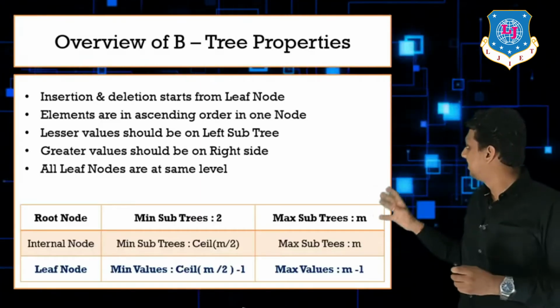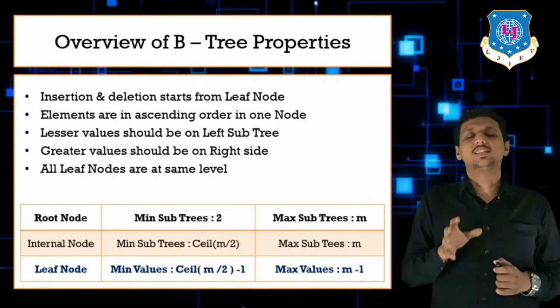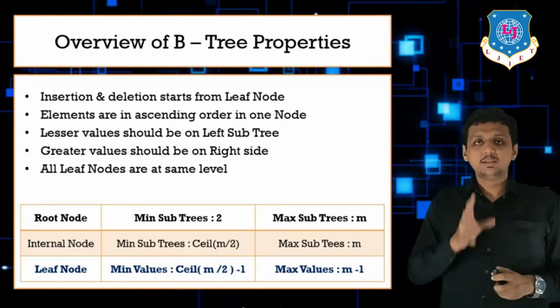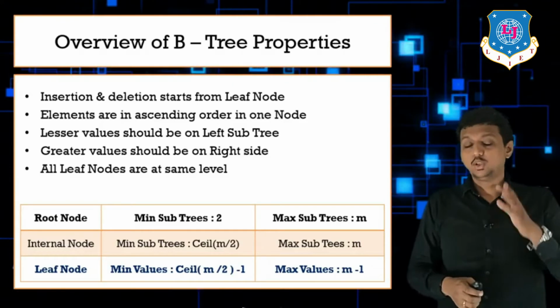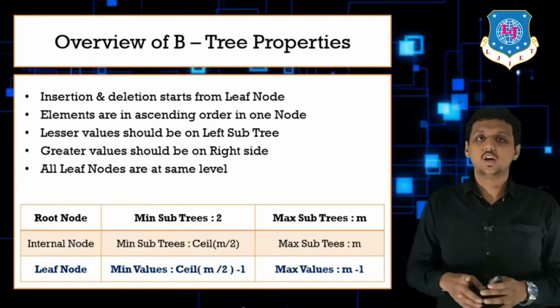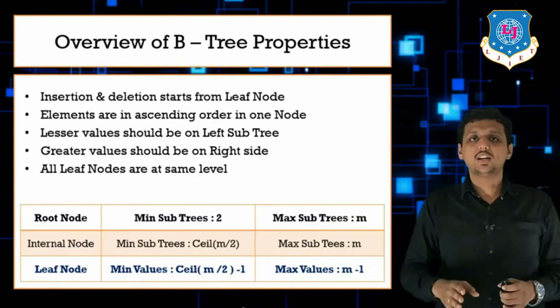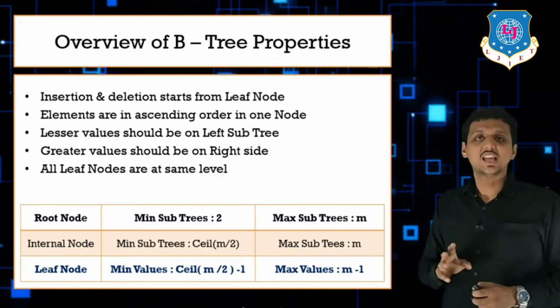These are the basic properties of the B-tree that we have already seen in the previous session. In the root node, the minimum subtrees are 2 and the maximum subtrees are m. Subtrees means the number of children or number of pointers. The internal node must contain a minimum of ceiling of m by 2 subtrees and a maximum of m.